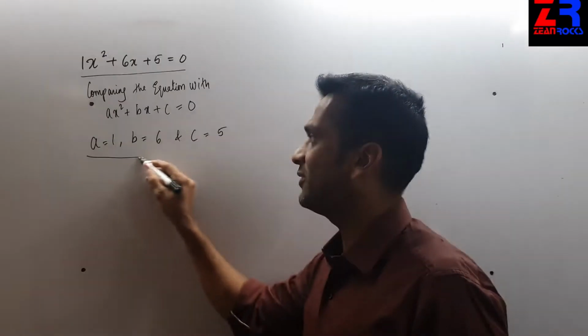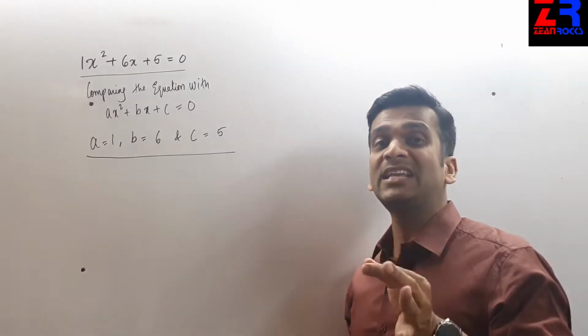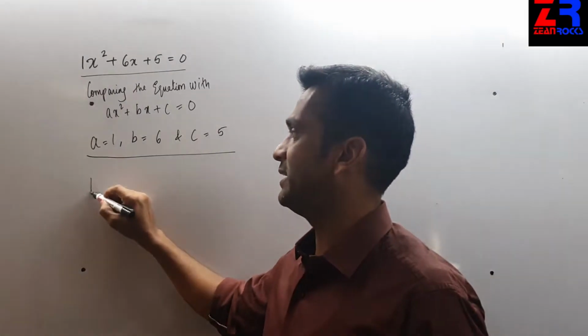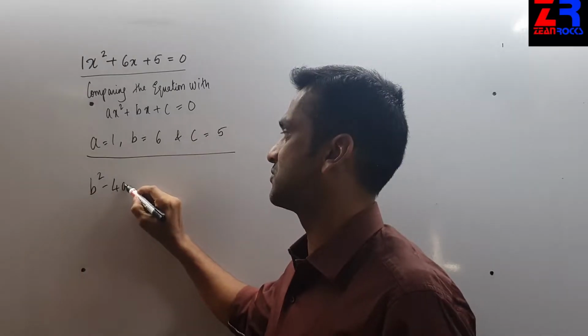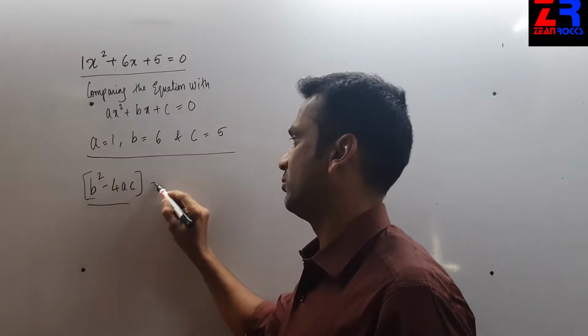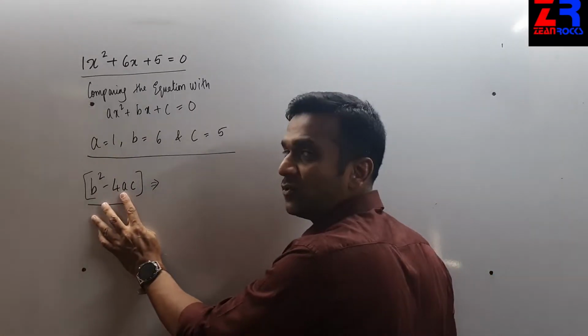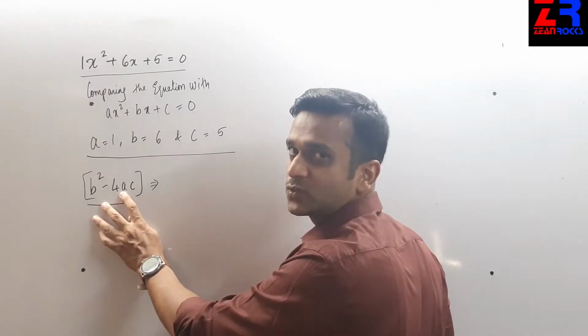After getting the values of a, b, c, you must find out the value of b square minus 4ac. This is the first part of the formula. Now, how to calculate b square minus 4ac?